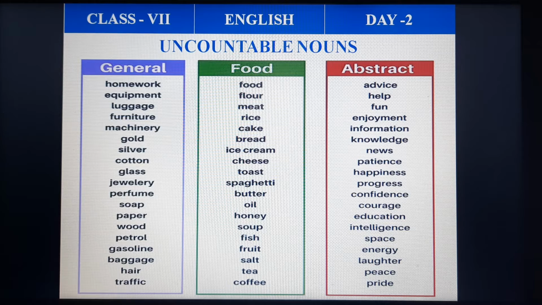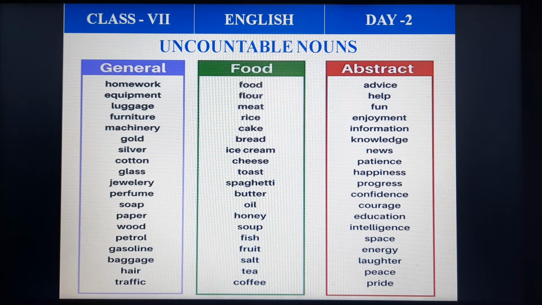And another kind of nouns that you can't count are abstract concepts such as love, wealth, hunger, patience, happiness, courage, space, energy. All these are nouns which you can't count. So they are all uncountable nouns.